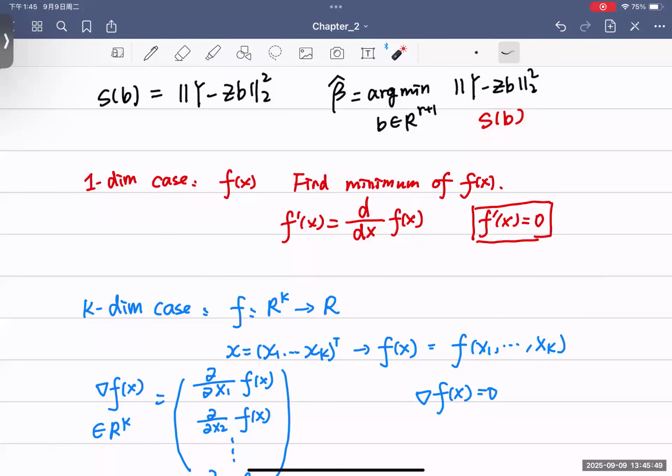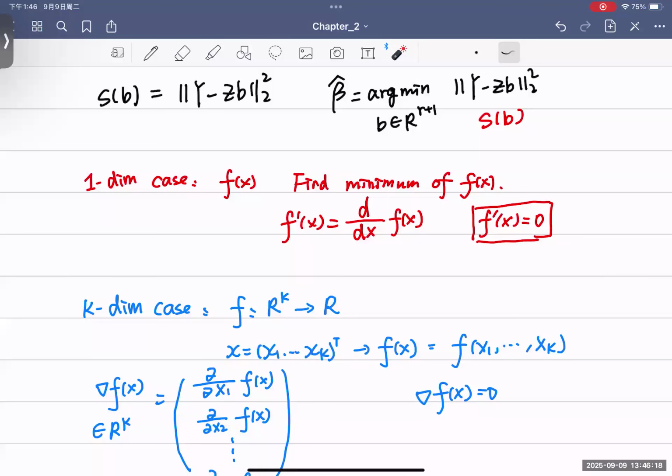Of course, I want to emphasize that not every solution from here is a minimum of f(x), but a minimum of f(x) must satisfy that the first derivative equals 0. Sometimes we call this first-order optimality.